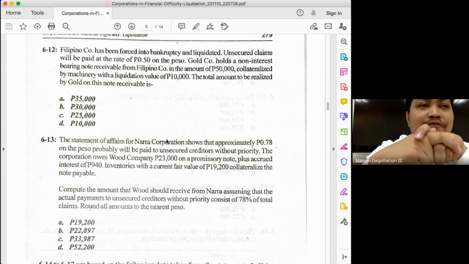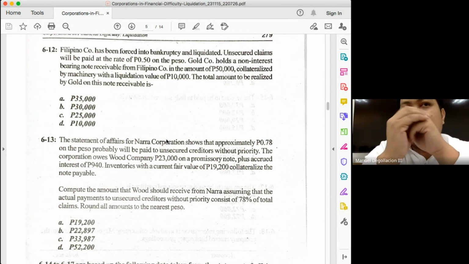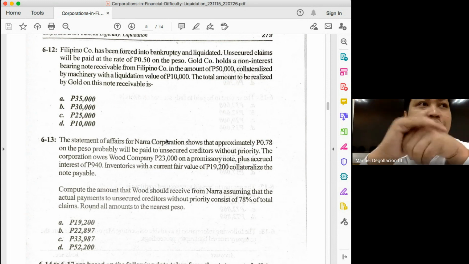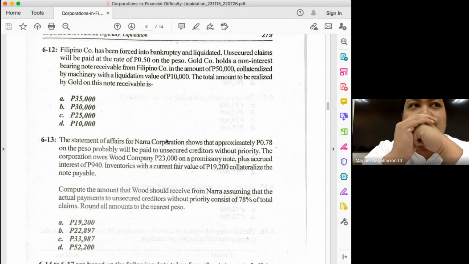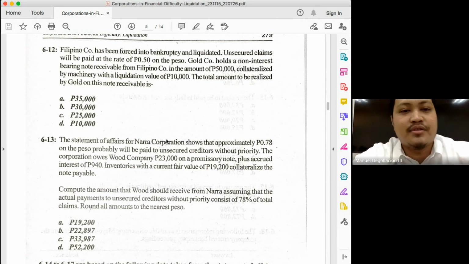And your answer would have been 25,000. That's wrong because not the entire 50,000 is unsecured. 10,000 is secured and it will be paid 100%. The only portion that will not be paid in full will be the unsecured portion, which was the 40,000.